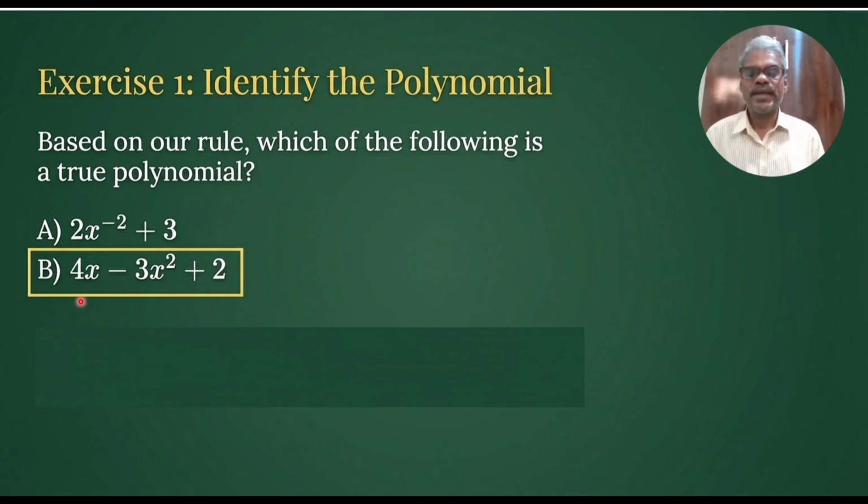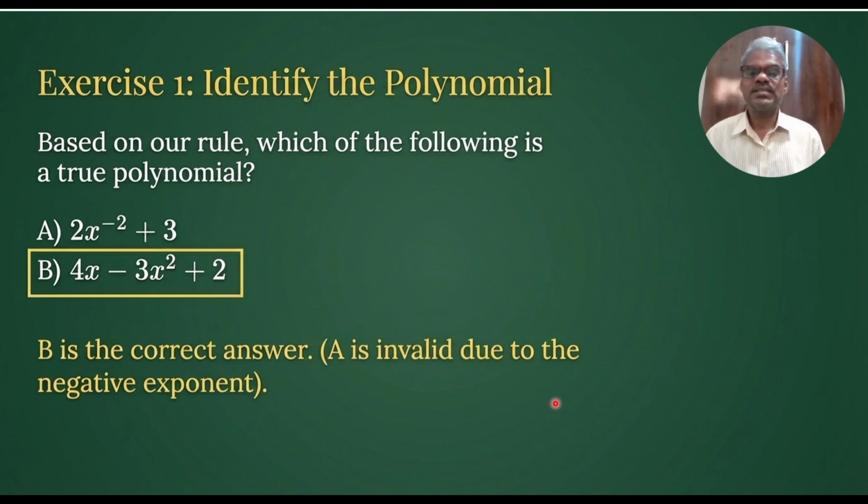Second, 4x minus 3x squared plus 2. In this expression, all variables have whole number, positive degrees. So 4x minus 3x squared plus 2 is a polynomial.